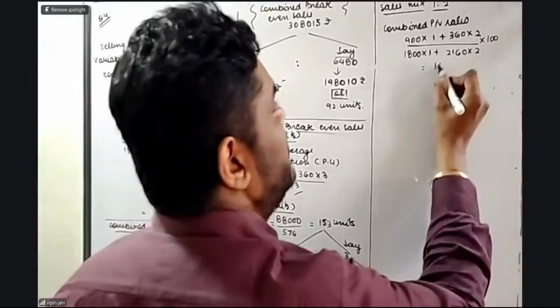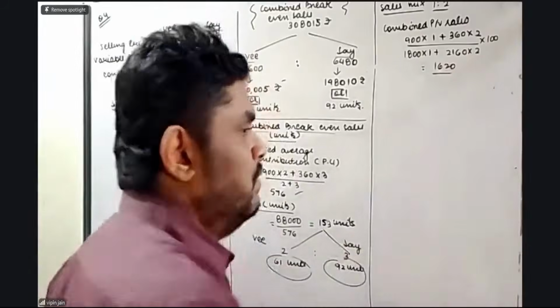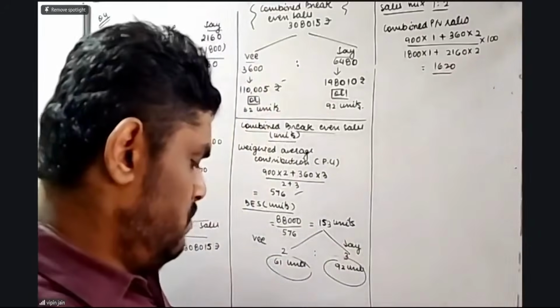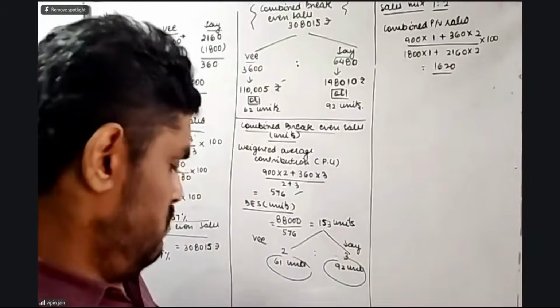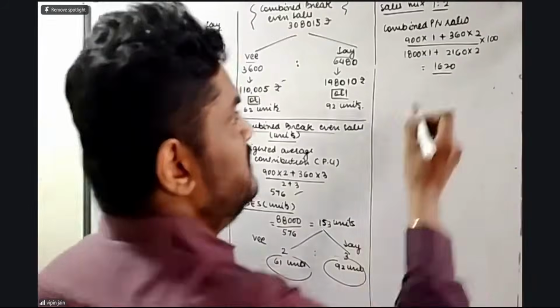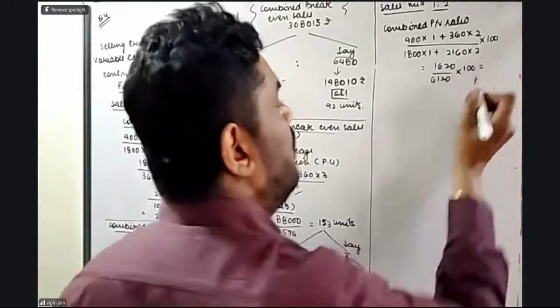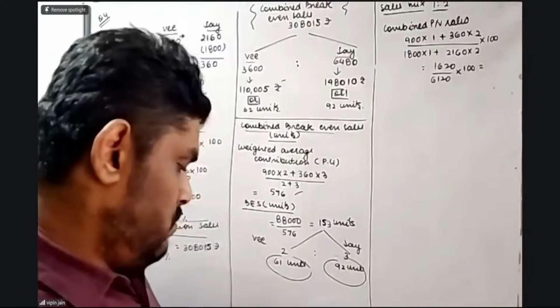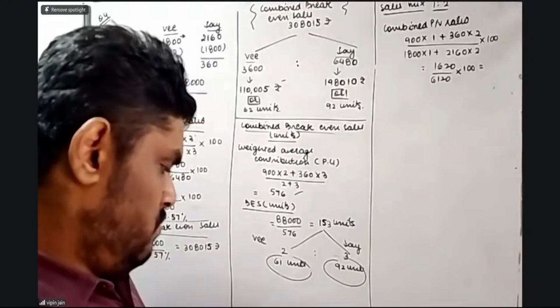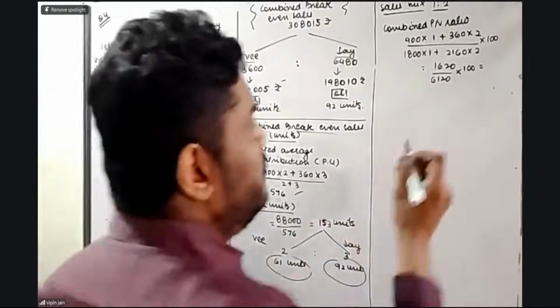So this is 1620. Six one two zero. So 26.47.